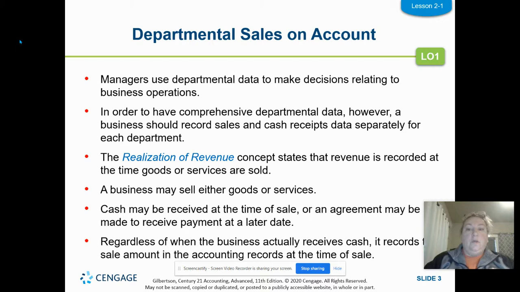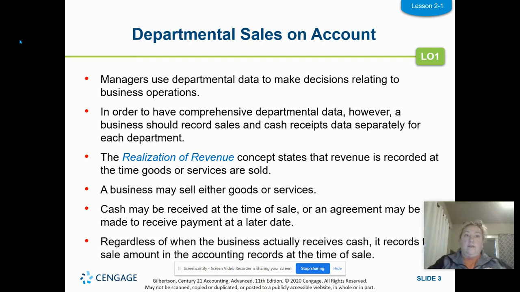So when you're talking about departmental sales, we're looking at information and breaking it up because we want to know, one, how much we're selling of each of the different items.